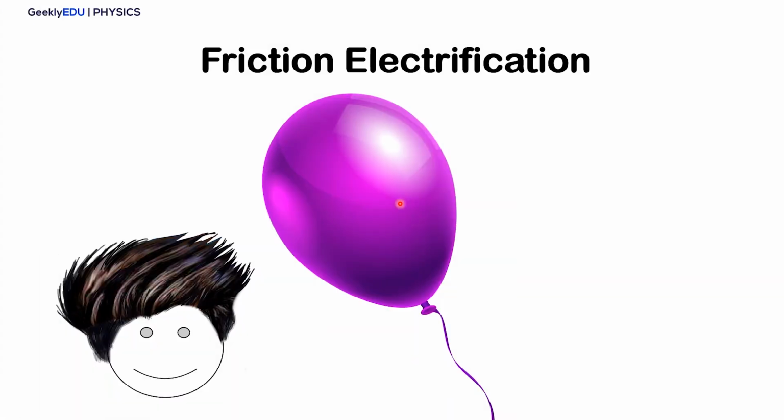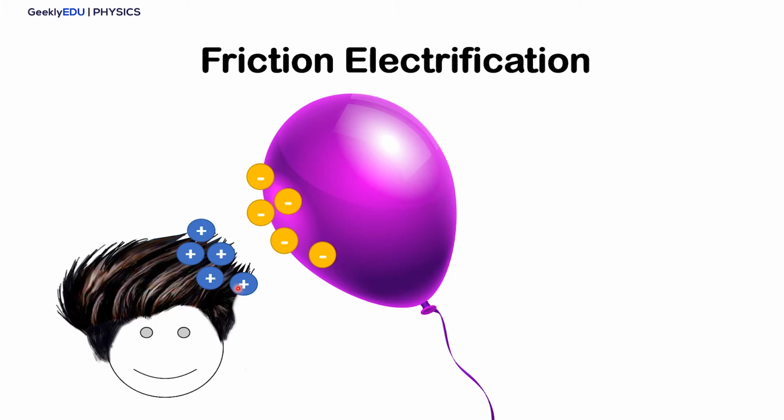A good example of how these electric charges act is when you rub a balloon all over your hair, and now your hair is all messy and the balloon starts to attract your hair. So what's happening here? This is called the triboelectric effect. What you're actually doing is stealing some electrons from your hair by friction. That's the friction electrification.